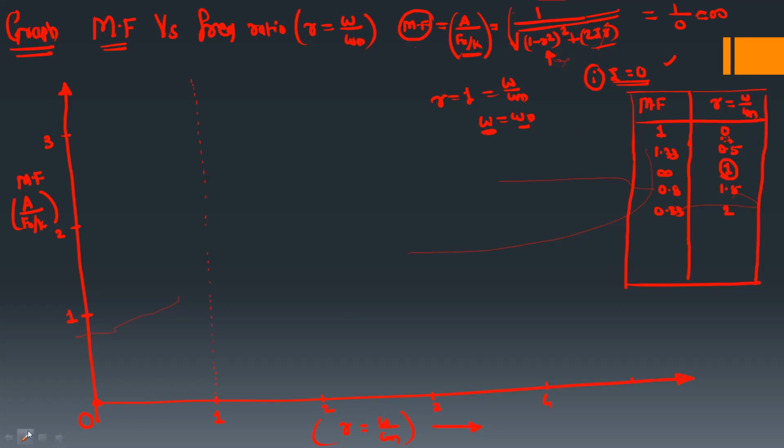So at the R 0, the magnification factor is 1. That is, your graph will start from the 1 value. After that, at 0.5, your magnification factor becomes 1.33. So somewhere here. So this is your first reading. So it will keep increasing, and at the value 1 frequency ratio, graph will be infinite.